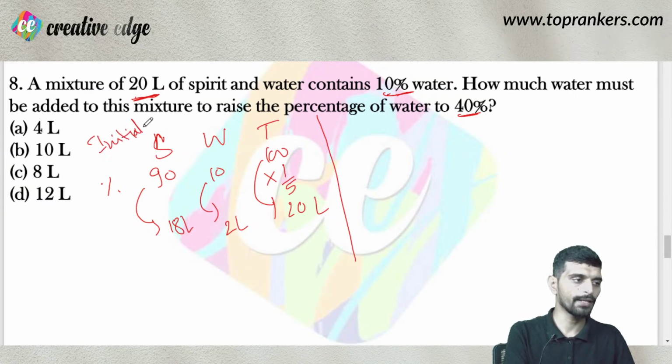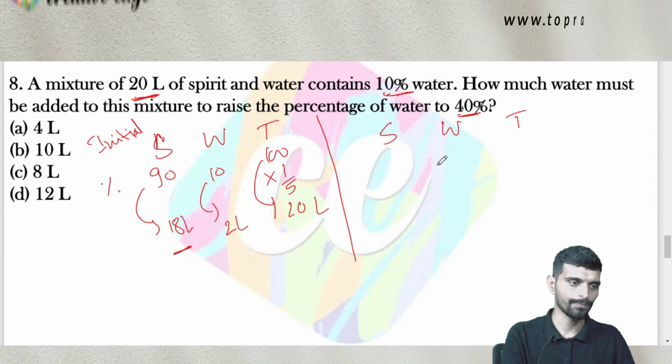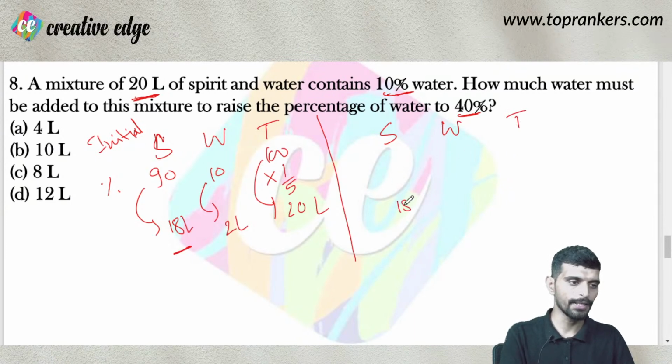So in the final case, what we are adding is water, we are not changing the content of spirit. So spirit, water and total. So spirit is 18 liters and the percentage of water is 40% in a total of 100%. So the content of spirit must be 60%.